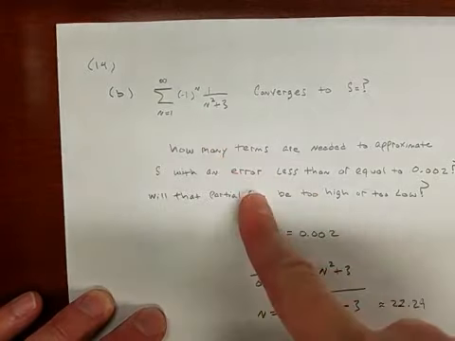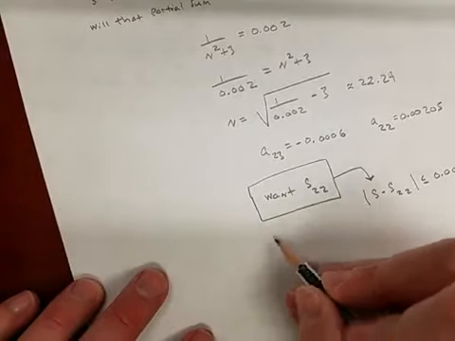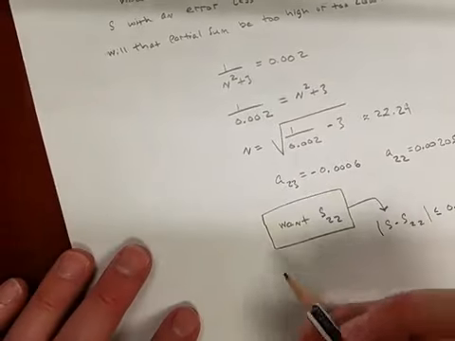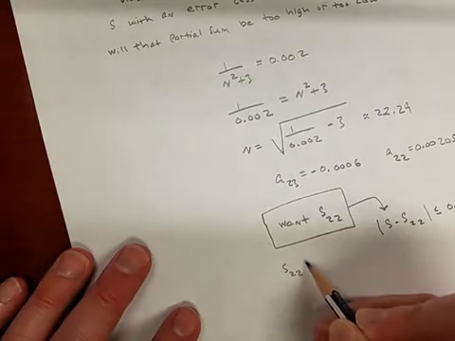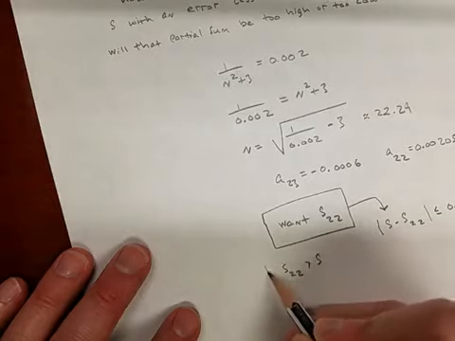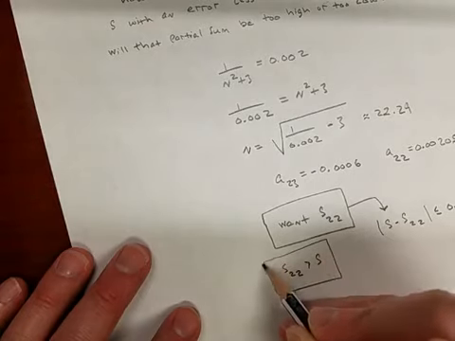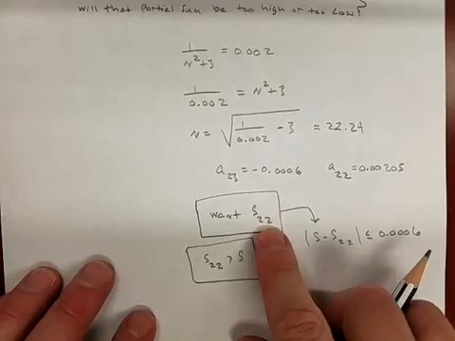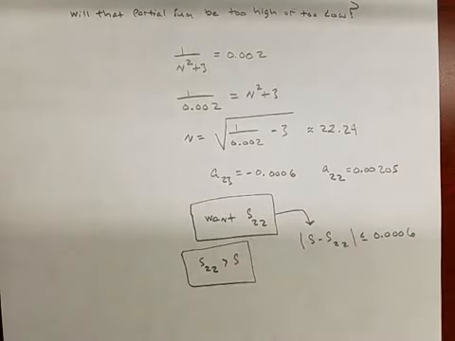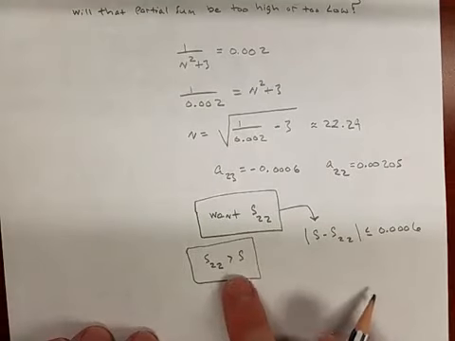It would take you down. That means you're too high right here. So second statement, is it too high or too low? S22 has got to be bigger than S. So that'll tell you the partial sum that will get you within the margin of error that you want. And this tells you that it's too high.